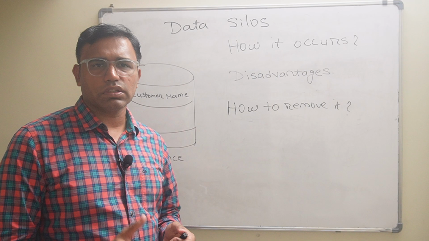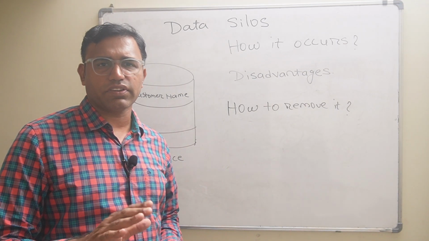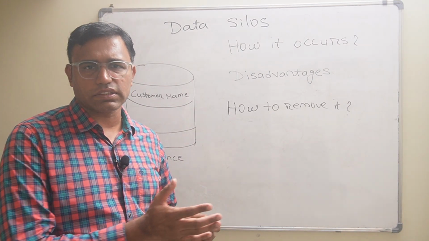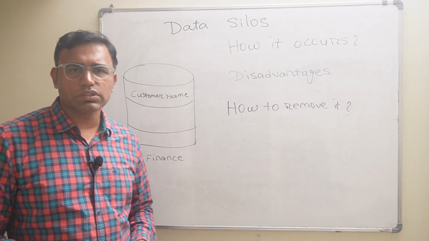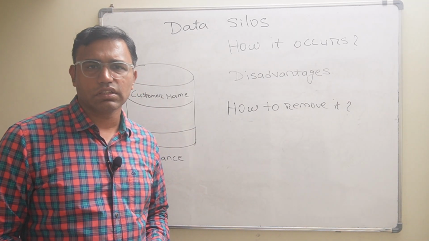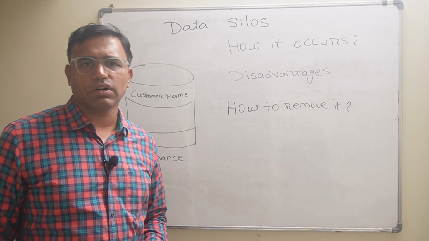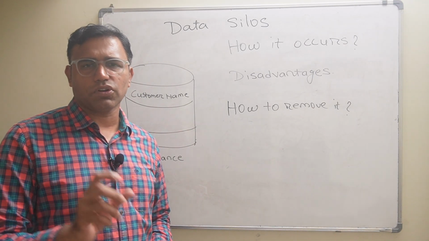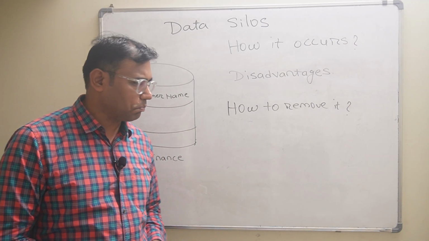Suppose one department is keeping separate data, and that data is not accessible to the other parts of the organization, then data silos are created. Data silos are very dangerous to the organization, because the data is not accessible to the complete organization. It is accessible to only a certain part or department of the organization. That's why it is very harmful.